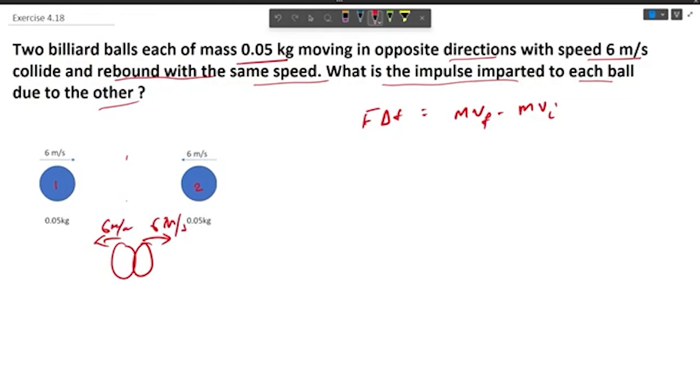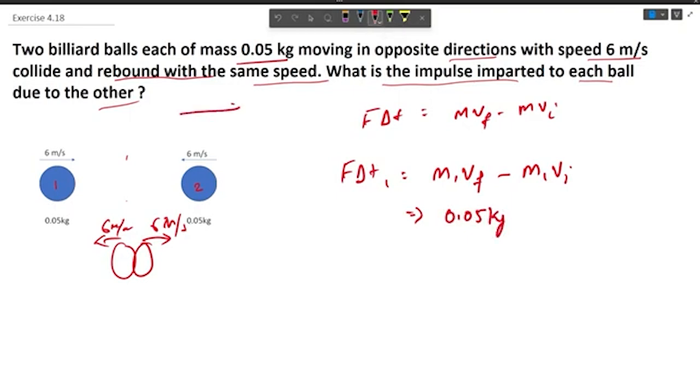The impulse for ball 1 can be found using m1 v final minus m1 v initial, where the mass is 0.05 kilogram multiplied by the velocity.